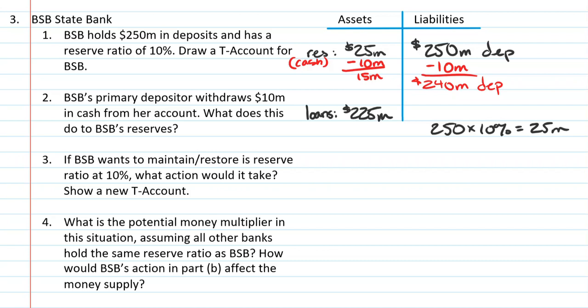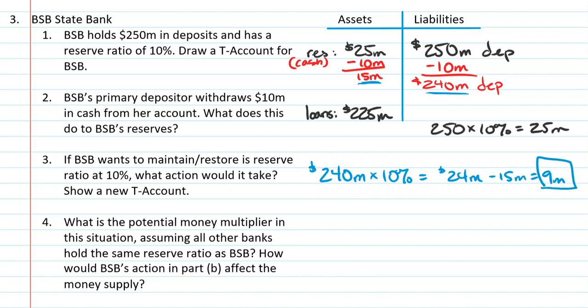So the first thing we have to realize is that this T account is now not showing a 10% reserve ratio. $240 million times 10% means that this bank needs to be holding $24 million, whereas they're only holding 15. So first question is, how are they going to get 9 million, which is what they need, to fulfill their reserves? Where are they going to get this $9 million from?